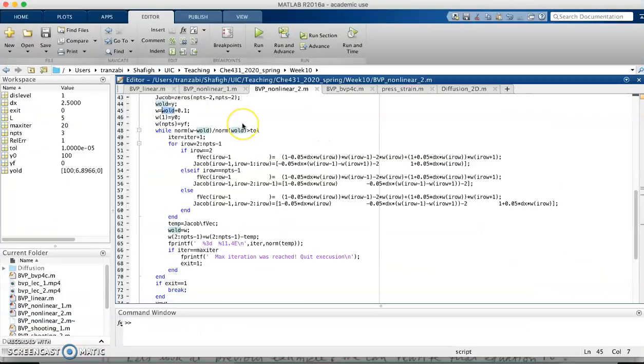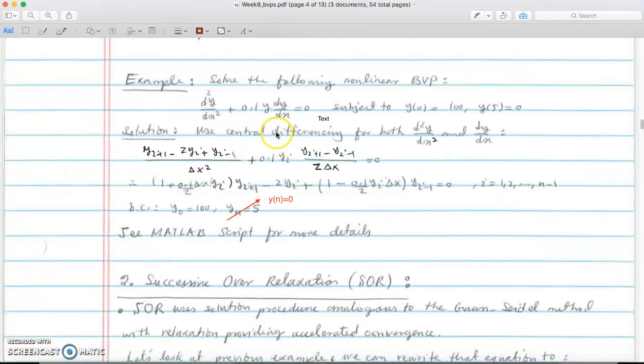All right, so I assemble this Jacobian in 3 pieces. The first piece is for the first row. Why is the first row different from other rows? Because in the first row, we know y0. When i is 1, we know y0.